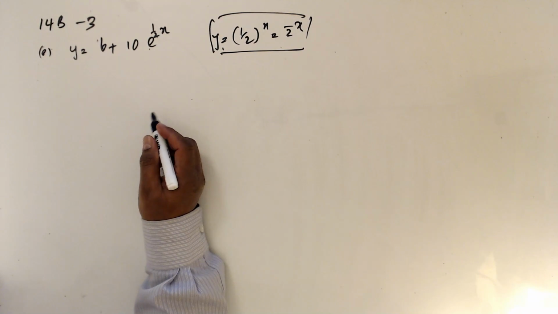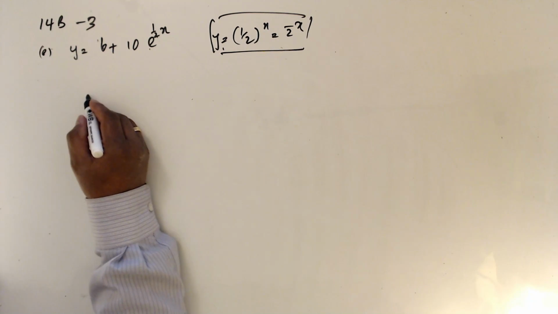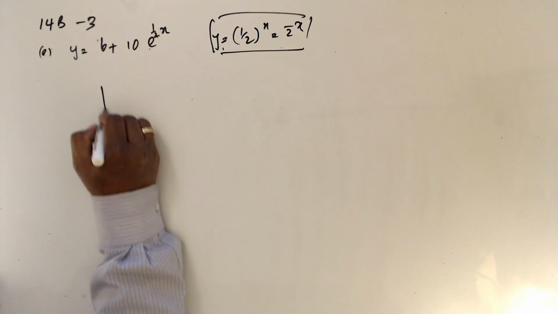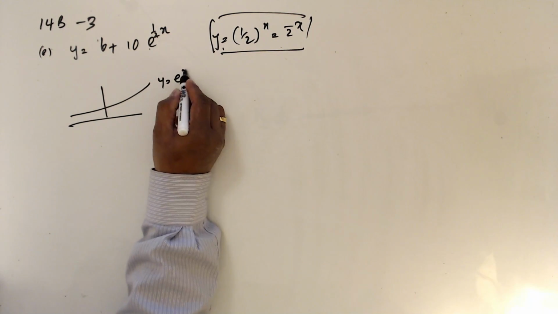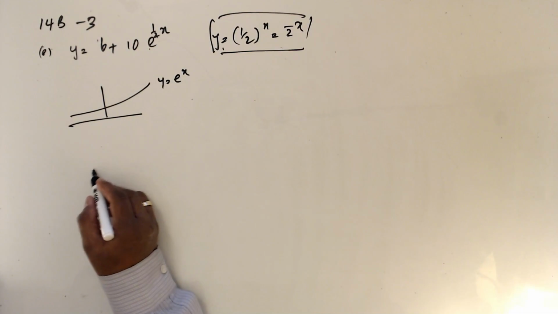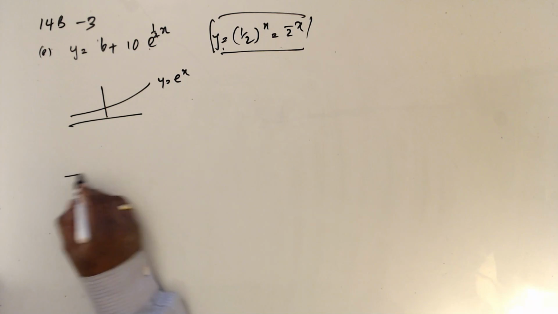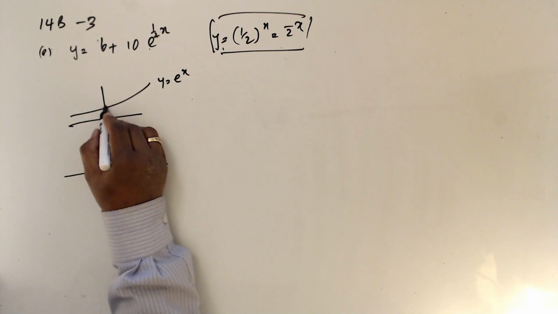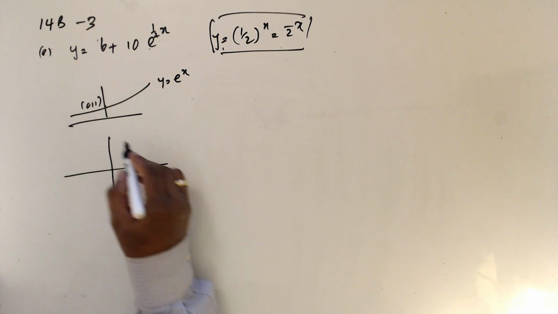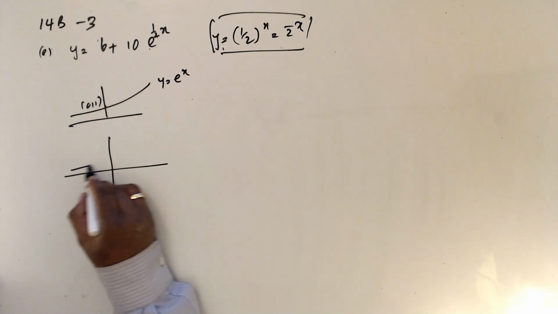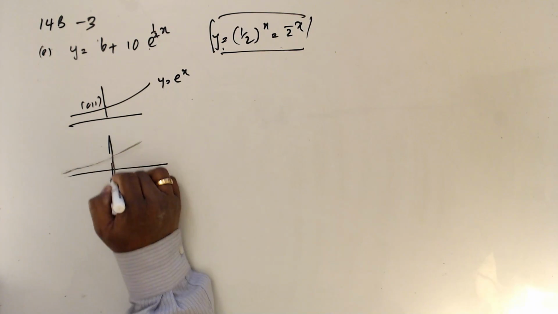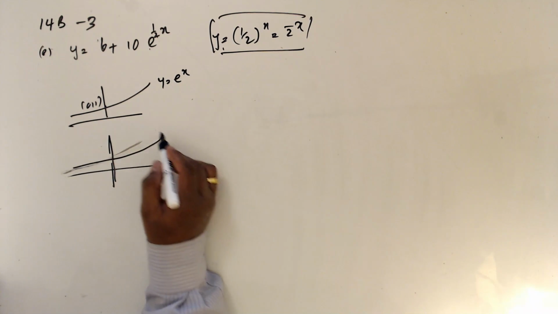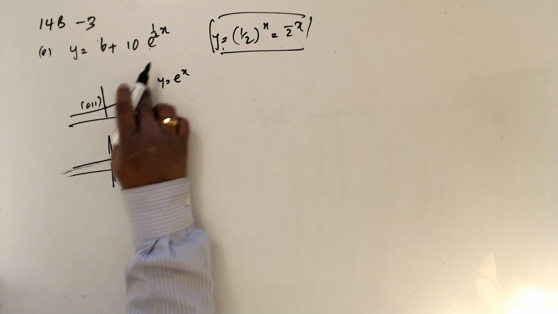Okay, we'll start with y equals e to the x, and this is going to be 0, 1. Then e to the half x is going to have a much lower gradient. This is steep, this is less.